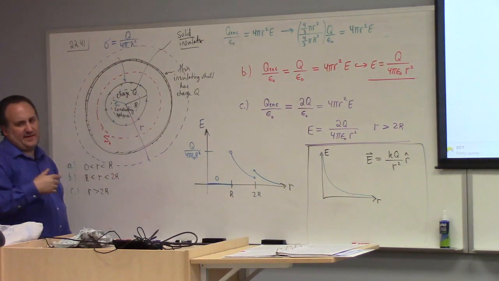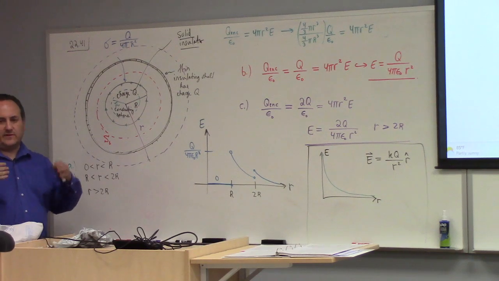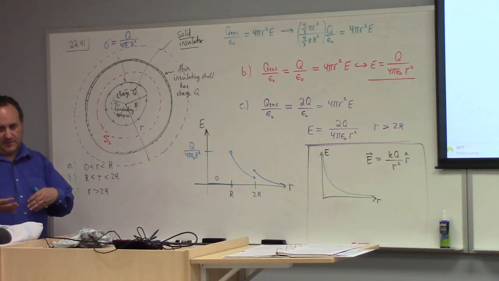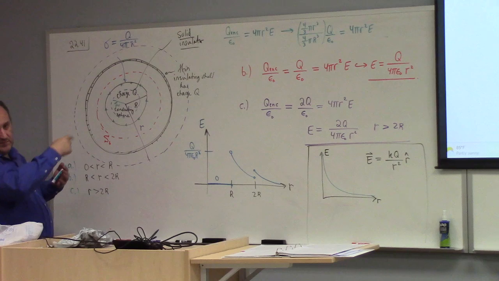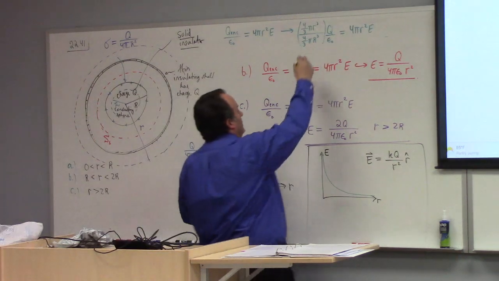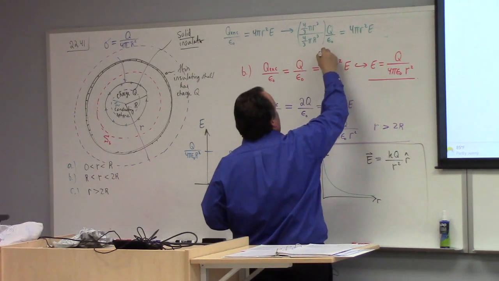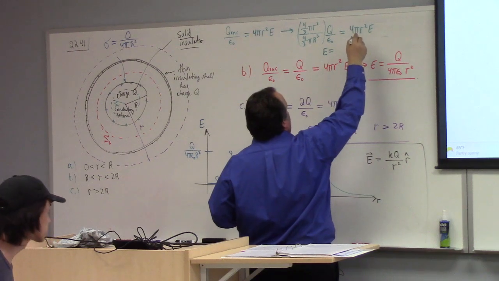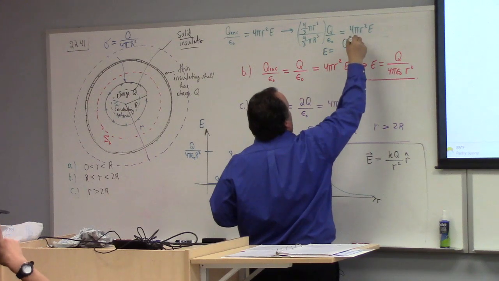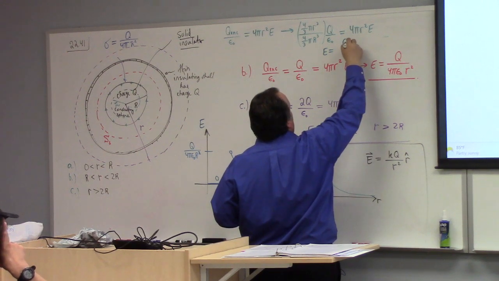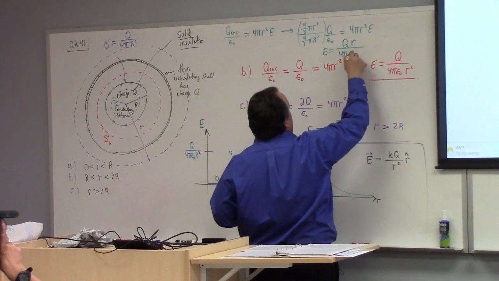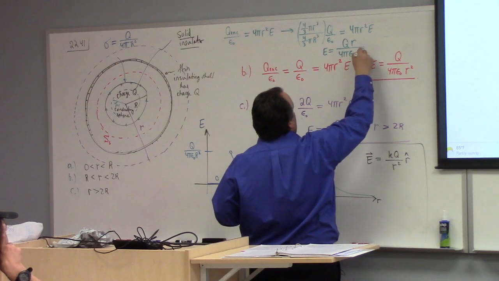We could do something like total charge divided by total volume is equal to charge enclosed divided by enclosed volume. If we set up that equality, that would give us the exact same ratio. And so these cancel, and you're just going to get E is equal to Q r divided by 4 pi epsilon naught R cubed.